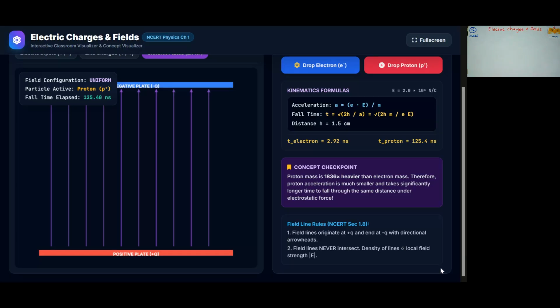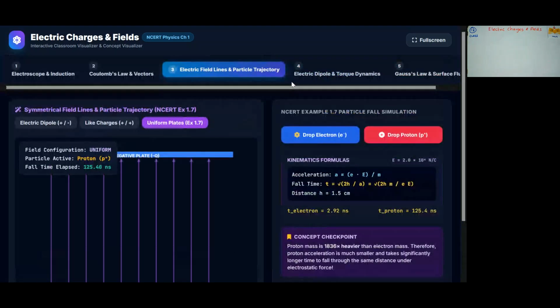Already you know that the mass of an electron me is approximately 9.11 × 10^-31 kg. For the proton it is 10^-27, but for the electron 10^-31. So higher mass results in smaller acceleration for the same magnitude of electrostatic force. Clear? Okay. Now electric dipole.